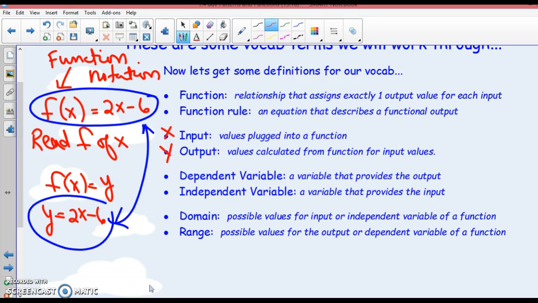Why wouldn't they do X, Y, X, Y, X, Y? Independent is a variable that provides the input, that is X. Dependent is Y. I would not have set the notes up this way. Domain is X and range is Y.